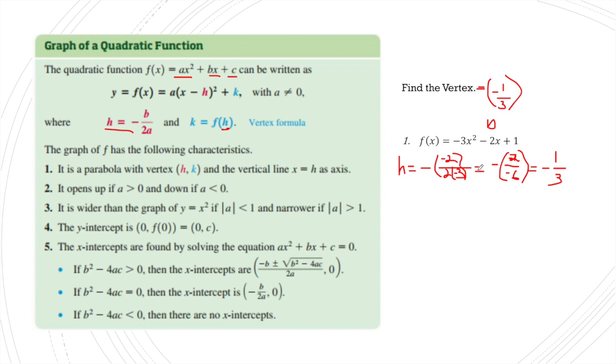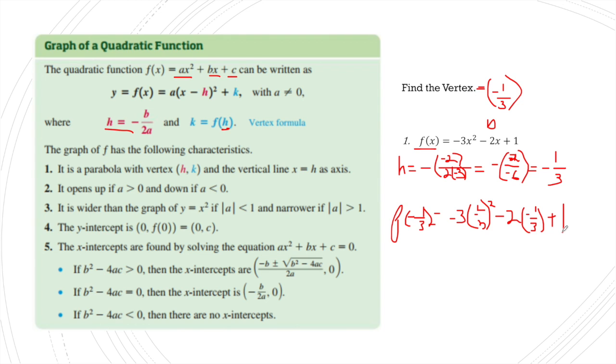I now can go in and substitute this -1/3 in to my function. So I would find f of -1/3. That gives me -3 times -1/3 squared minus 2 times -1/3 plus 1.